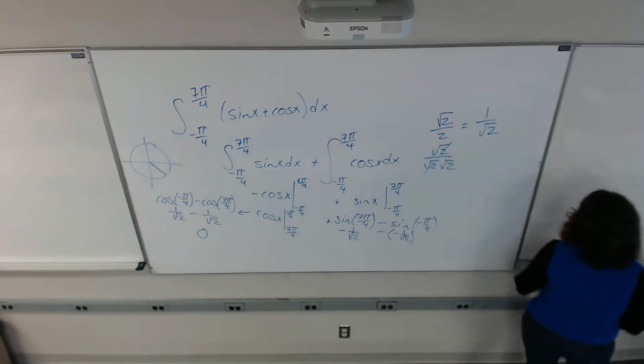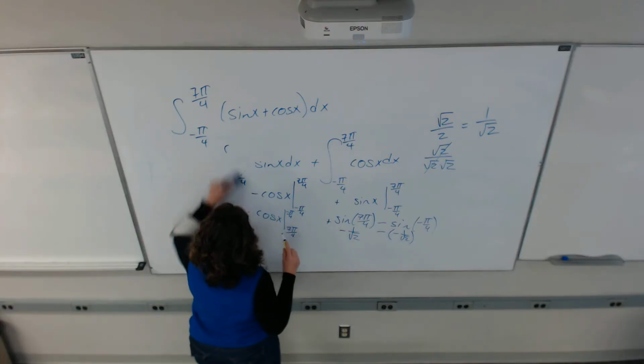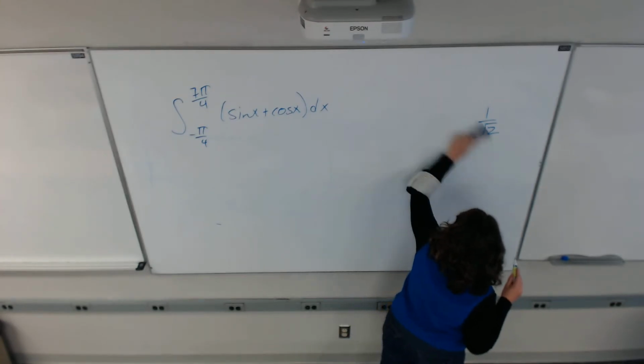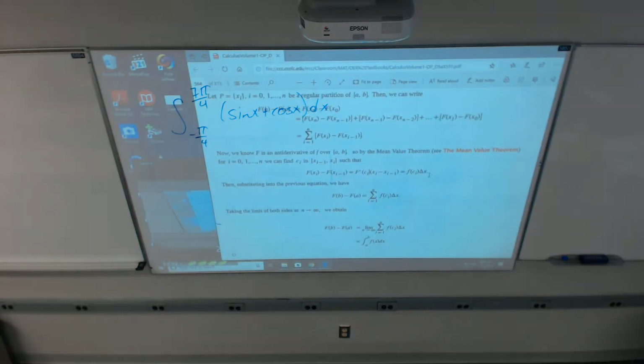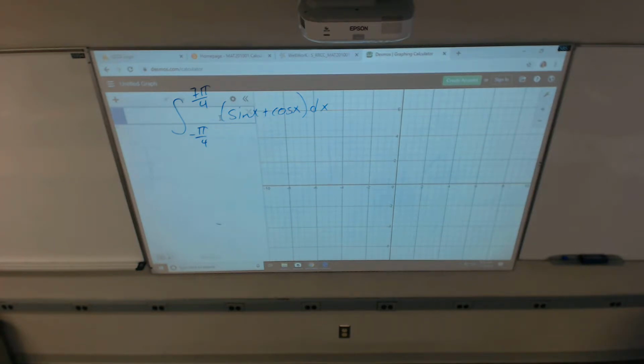Let's take a look. I'm going to erase the work, but I'm going to leave up the integral. And let's take a look at the function between negative pi over 4 and 7 pi over 4. So let's put it into Desmos. Okay, there's negative pi over 4, and 7 pi over 4 is here.